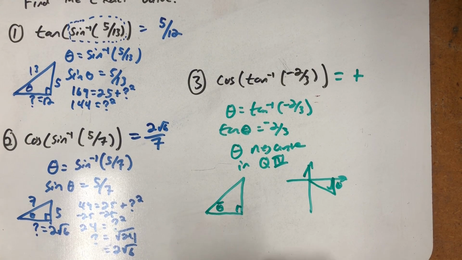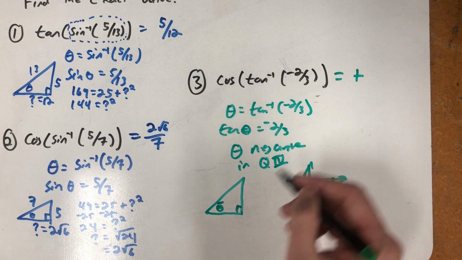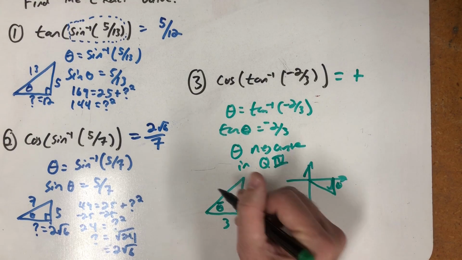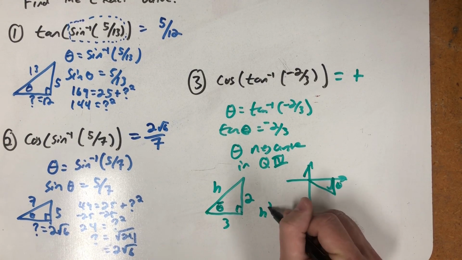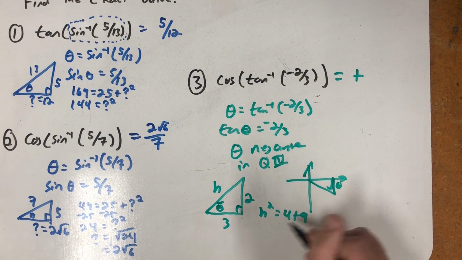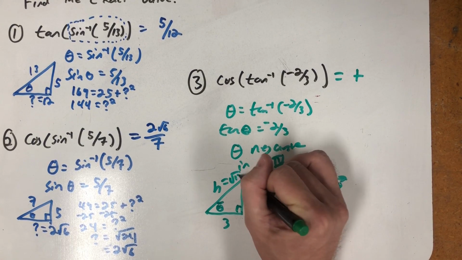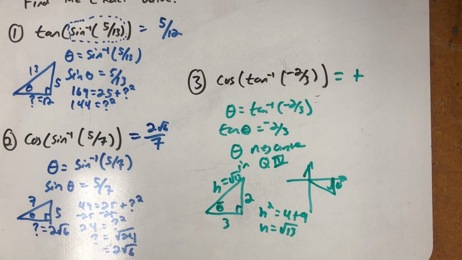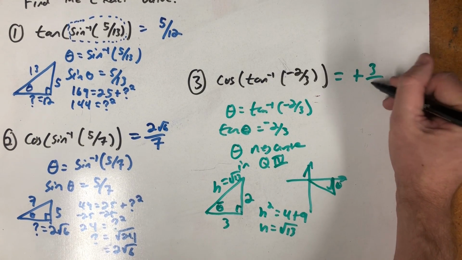Tangent is the opposite over the adjacent, so 2/3. My hypotenuse is missing this time, and I find out that my hypotenuse has to have a length of the square root of 13. All right, so I'm looking for the cosine of that angle, so 3/√13.